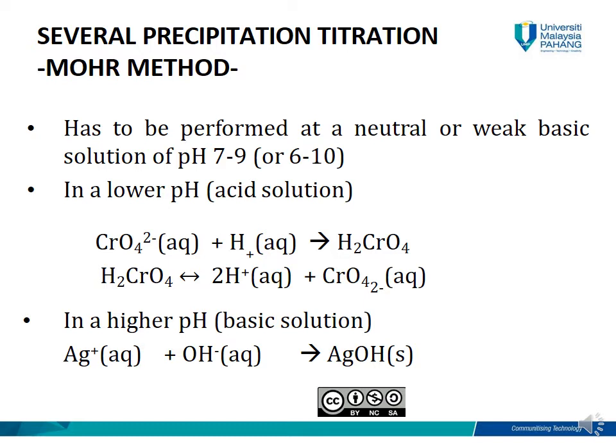So that's why at a very low pH and a very high pH, both solutions are not suitable to be used. In this case, you need to adjust the solution pH to between 6 and 10, so you can get more accurate results.